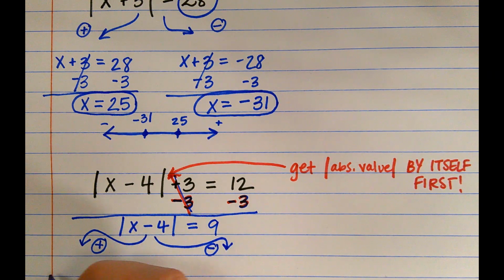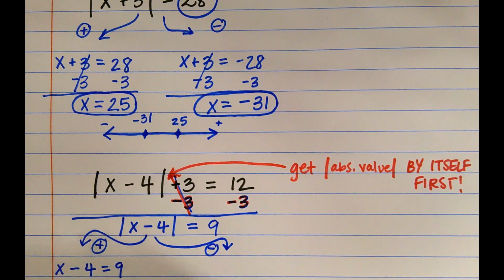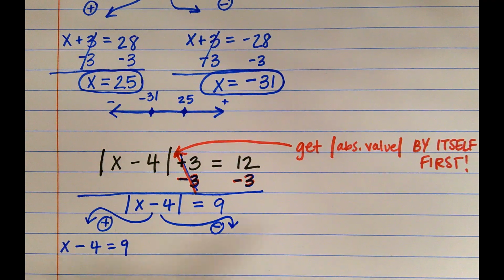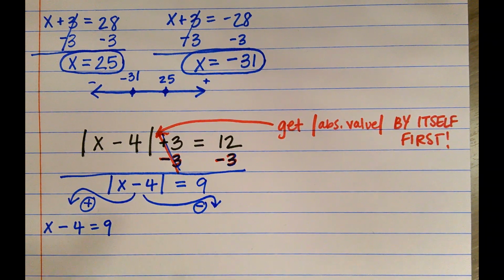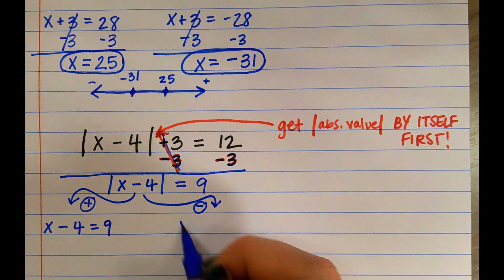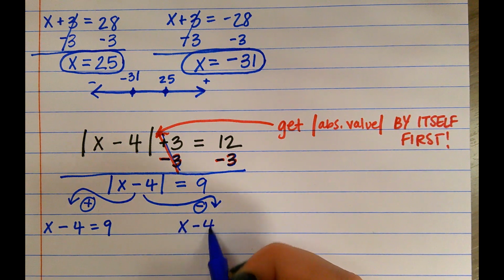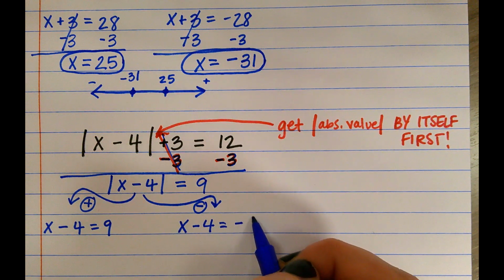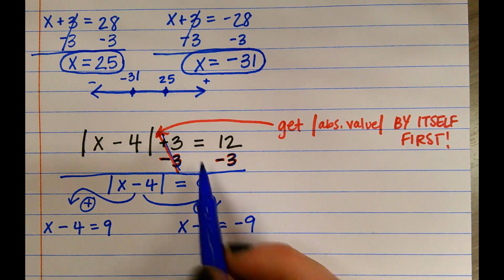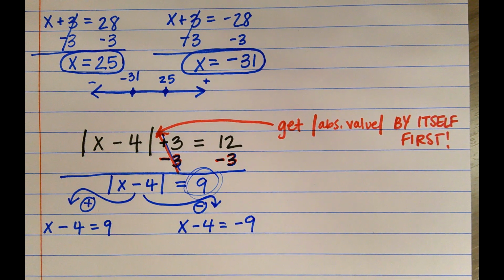I'll copy down the original without absolute value first. x minus 4 equals 9. What will be different about the next one? Perfect. It'll be x minus 4 equals negative 9. It's the 9 that changes the answer.